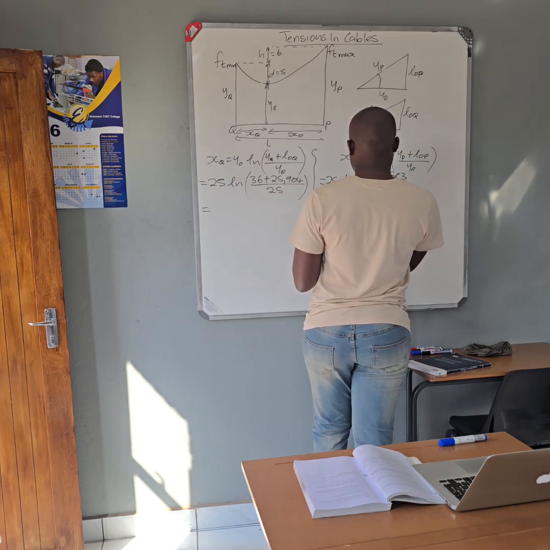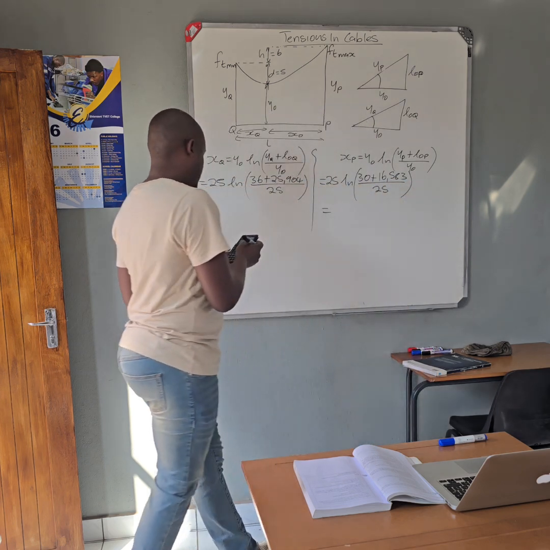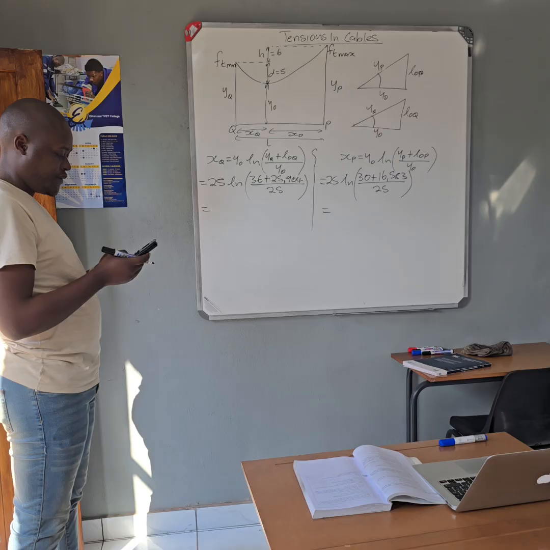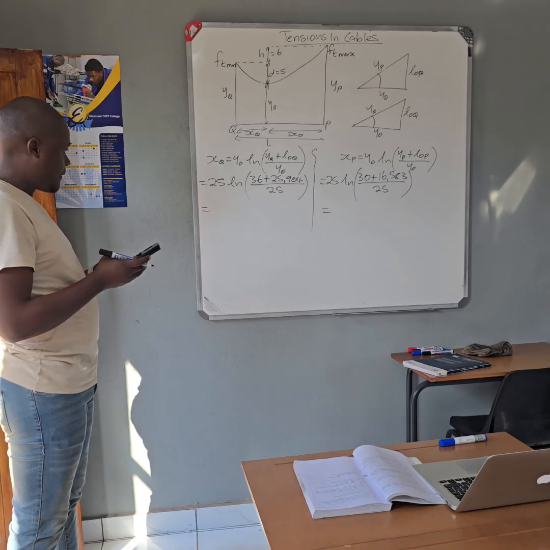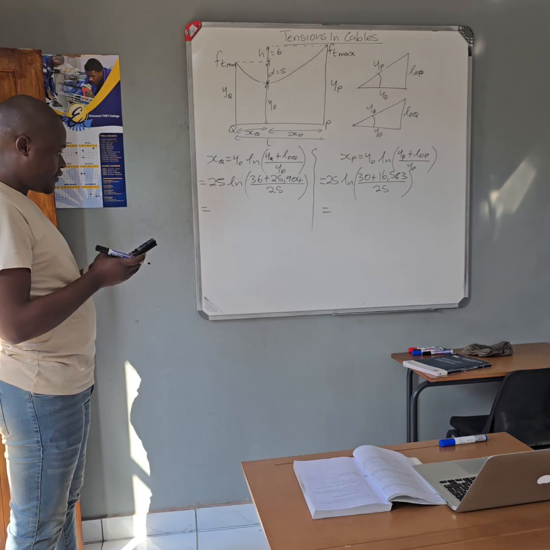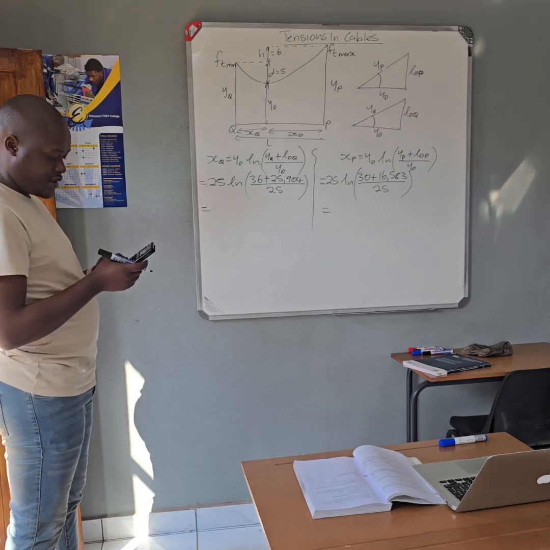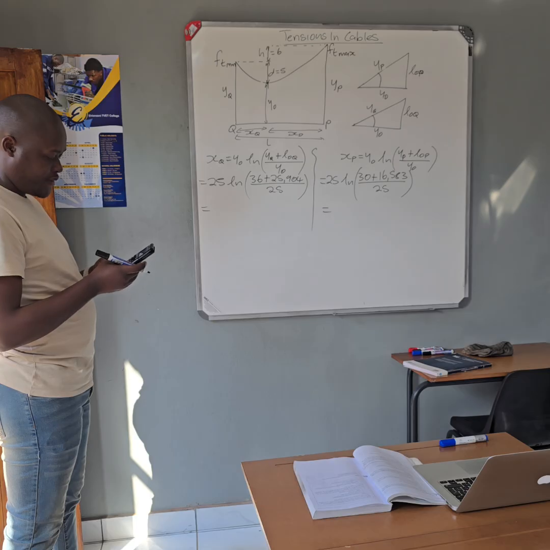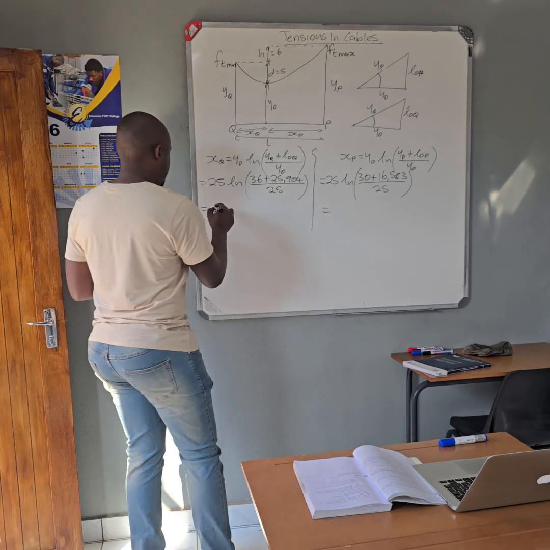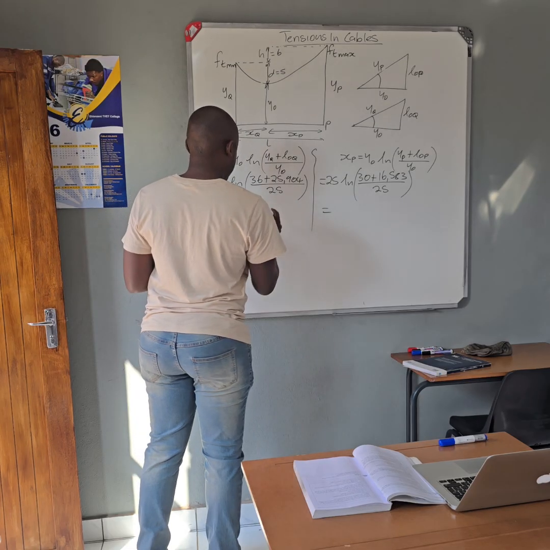All this divided by 25. So 25 of 36 plus 25,904, all this divided by 25. Here you are going to get 22,668 meters.